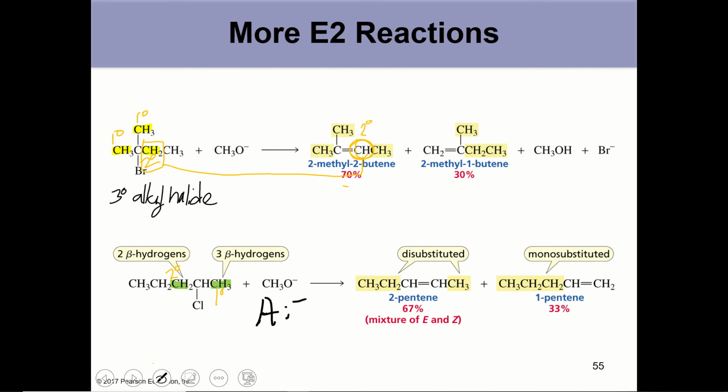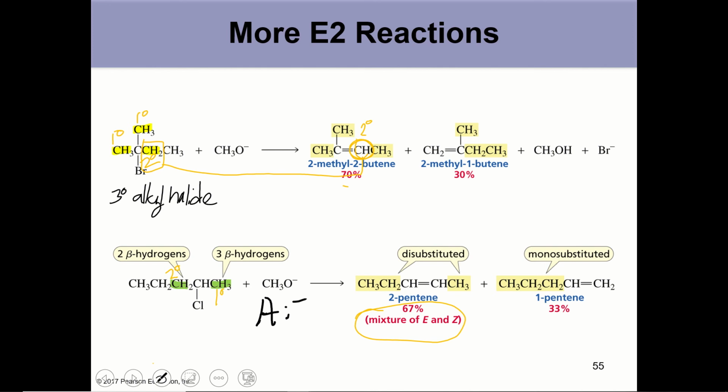And that would produce 2-pentene, and it is the major product at 67%. And note that that is a mixture of the E and the Z isomer. And then removal of a proton from the primary carbon gives the minor product, 1-pentene.